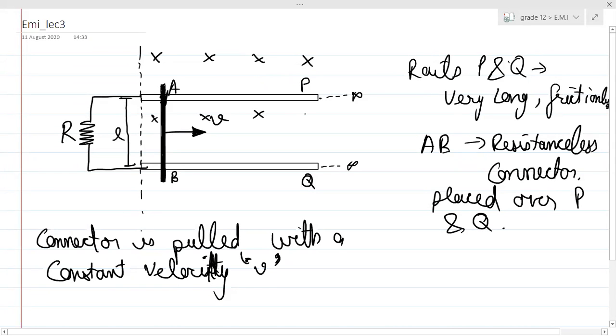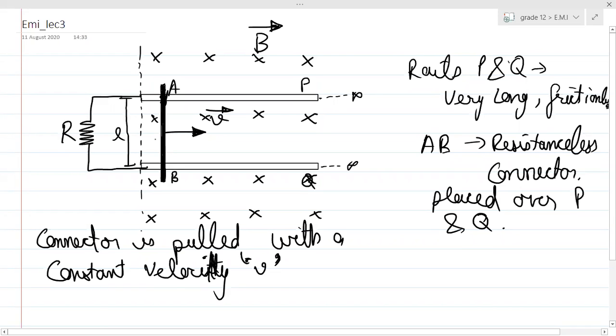Can everyone see a magnetic field over here? Yes or no? Everyone is able to see a magnetic field, right? So the magnetic field is acting into the plane, and you are pulling the connector towards the right.